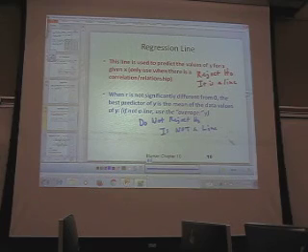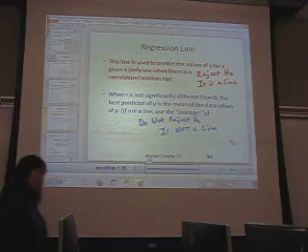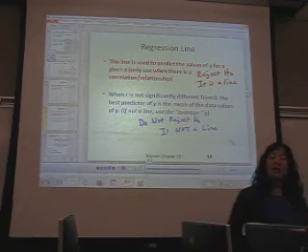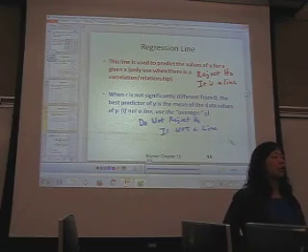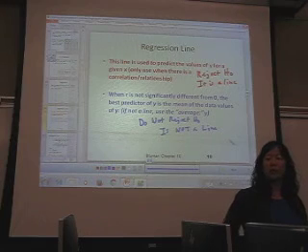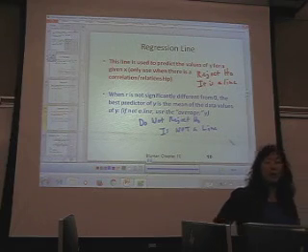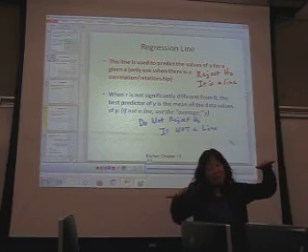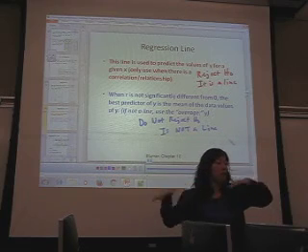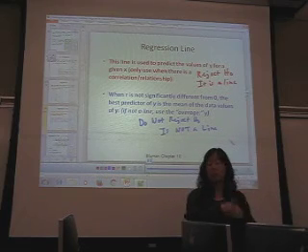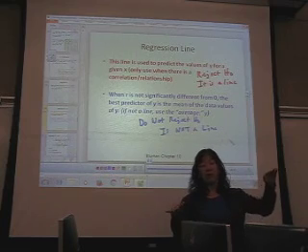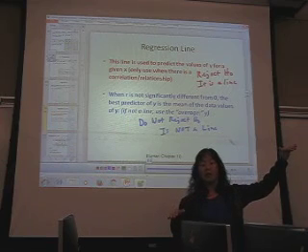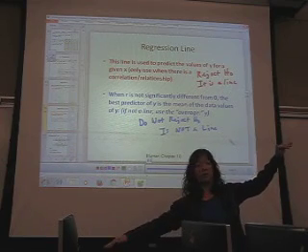So, for example, shoe size and the number of hours someone watches TV during a week. Do you think those two things are related or not? No. Not really. But if you found the data, you'd come up with a line that had the smallest squares. You'd have some line. So are you telling me that someone with a size 14 shoe is going to watch way more TV than someone with a size 2 shoe?